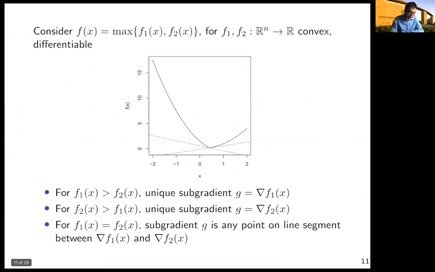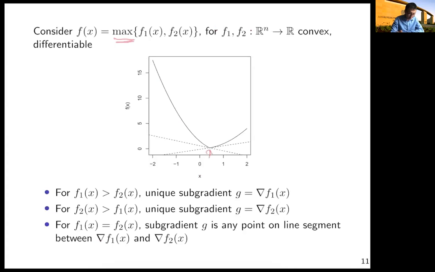Now another important family of functions that we can talk about are the pointwise maximum functions. We've already seen from the convex function part of the lecture that when we take the pointwise maximum of multiple convex functions, the final function that we end up with is also a convex function. Let's consider the case when both functions f1 and f2 are differentiable and convex. It is the maximum that creates the non-differentiable points over here.